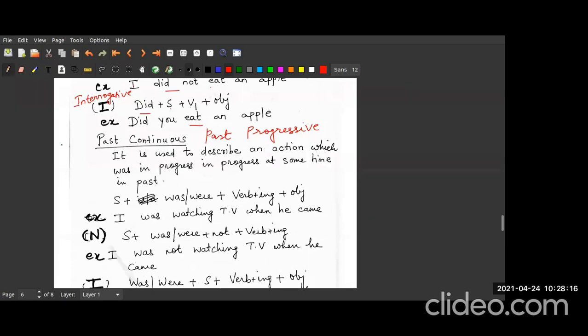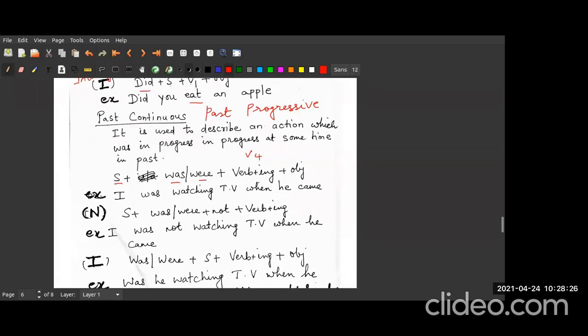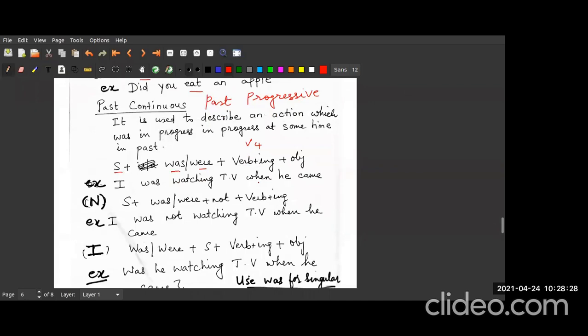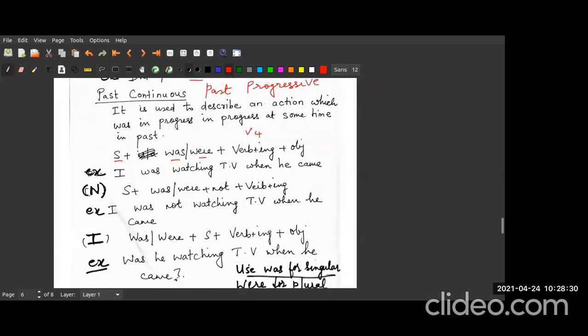It is subject and was, were plus verb plus ing. इसको V4 भी कहते हैं. verb plus ing हमारा V4 फॉर्म हुआ ना, subject plus was, were plus V4 plus object. And an example is: I was watching TV when he came.